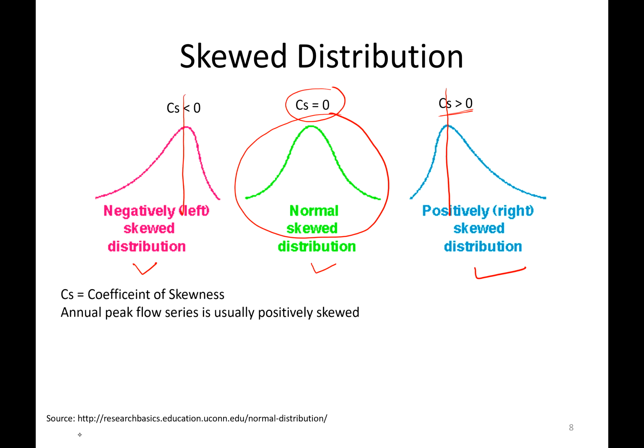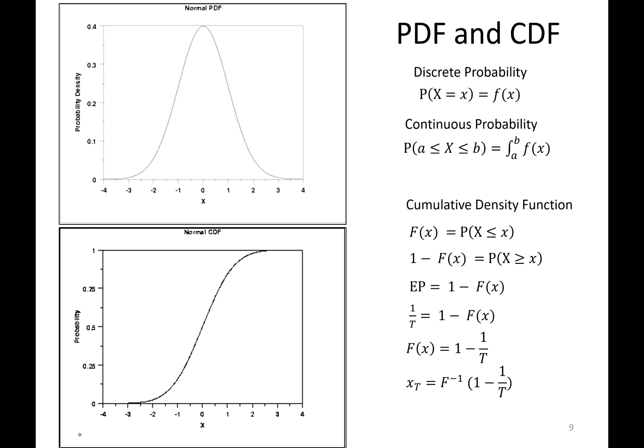Okay, so once we know all this, let's see how we can get the flow corresponding to a return period if we know the distribution function. What I'm showing you on this slide are the probability density function for a normal distribution and the cumulative distribution function for the same distribution. Usually this is described by some expression f(x).